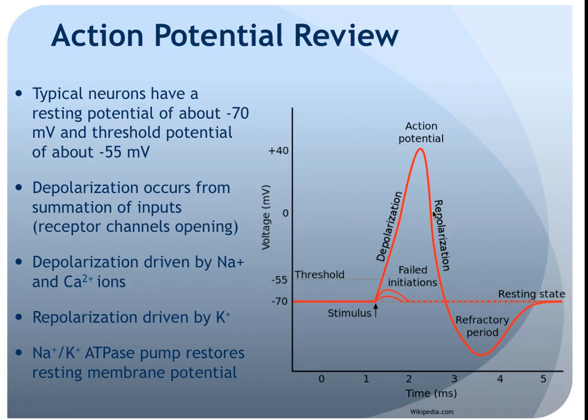This is an interesting mechanism. I'm not going to get too much into the ions here other than the fact that you should know the basic major components of the action potential. You should understand what happens with the sodium and the potassium, and what happens with the ATPase.